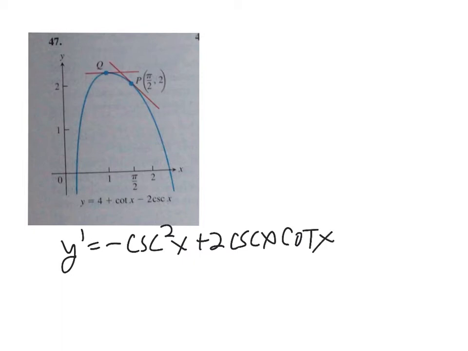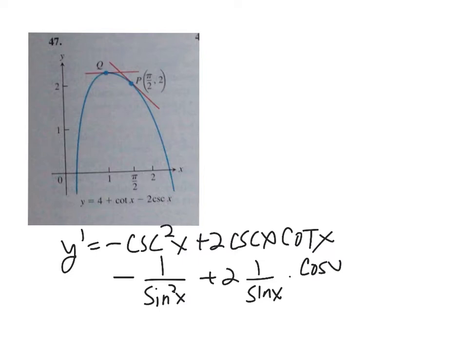So then I don't want to work with cosecant and cotangent, so I'm going to rewrite these in terms of sine and cosine. So that becomes 1 over sine squared of x plus 2 times 1 over sine x times cosine x over sine x. Well, it just so happens that this becomes y prime equals, well, let's see.